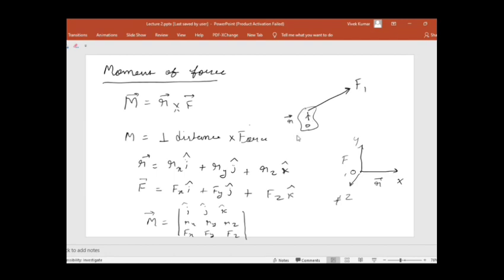Suppose इस particular point पे, this is the body and इस body में इस particular point पे ये force act कर रहा है. Suppose r is the position vector of this point with reference to the origin, then moment is given as r cross F. Okay, it is the vector product of r and F. So to determine its direction, you have to use the right hand screw rule, or you just simply rotate this body by applying this force, then you will get the direction of rotation.